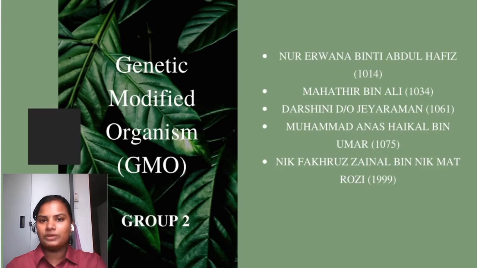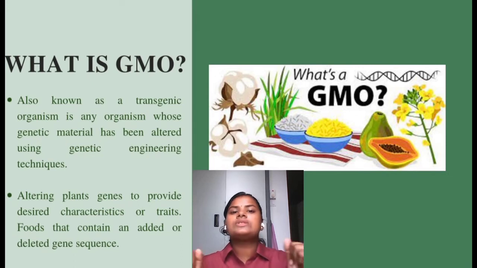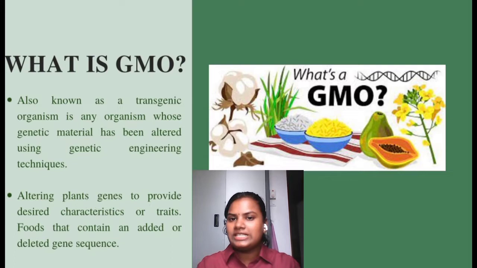Today, we will be presenting about genetically modified organisms, GMO. What is GMO? GMO stands for genetically modified organism, also known as a transgenic organism, where any organism whose genetic material has been altered using genetic engineering techniques.